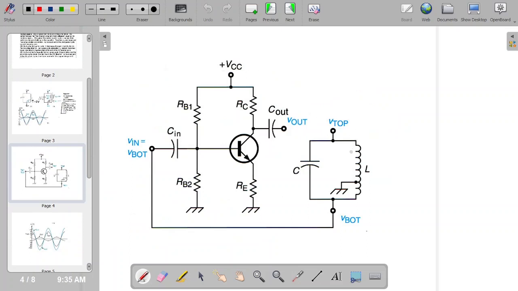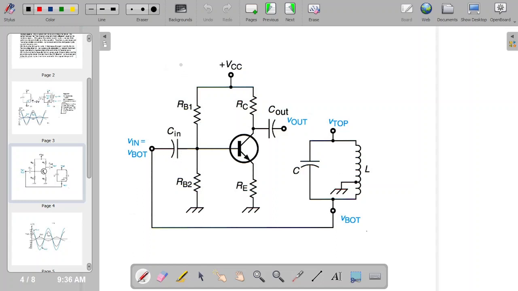Okay. So this is your tank, this is your tapped inductor, and the tap is at ground level for the voltage. So you have the V top, V bot, the VC is here. So the V bot becomes the input to an amplifier, and there's a coupling capacitor here that blocks the DC.